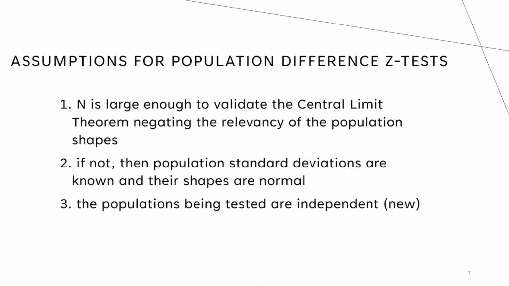I don't know, maybe there's ways to do it that I'm not aware of, but this would all kind of be not relevant anymore. But the new assumption here is that populations being tested are independent. So, if the populations are independent, then the samples that you draw from them are going to be independent of each other too. So that's another assumption.